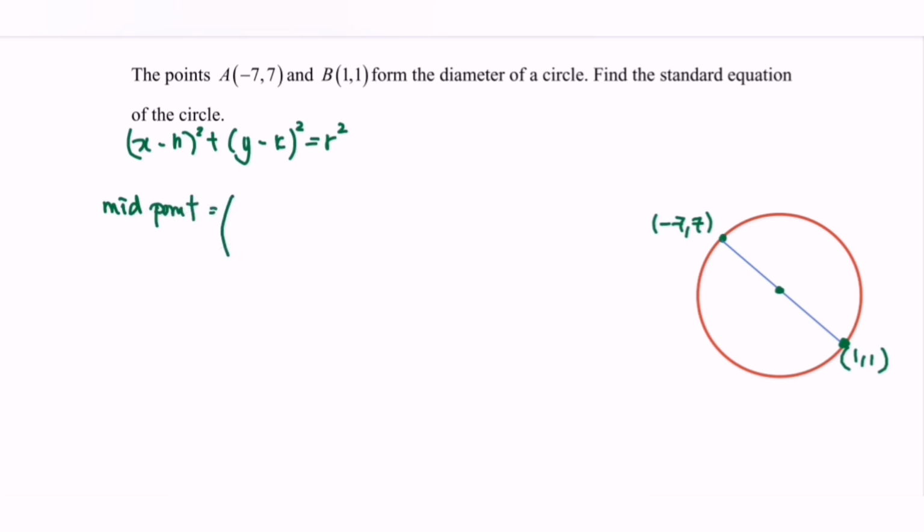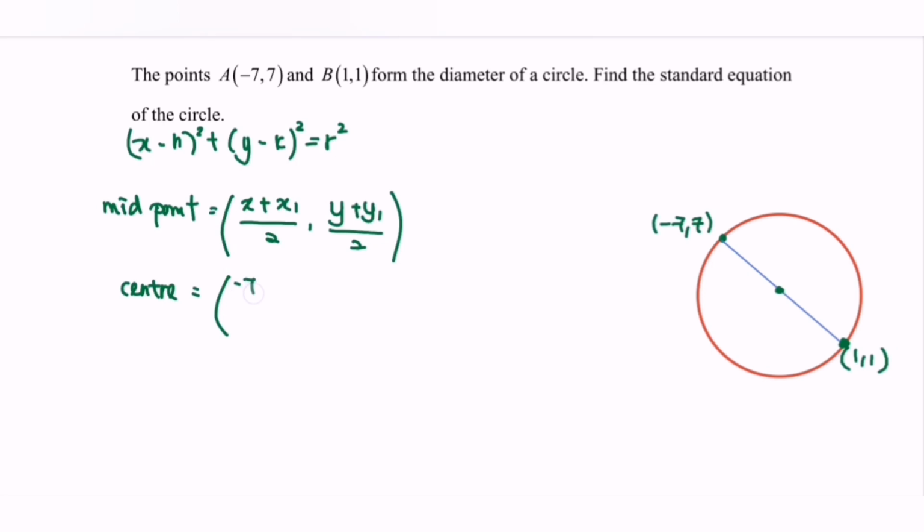So the formula for the midpoint will be (x1 plus x2) over 2, (y1 plus y2) over 2. As we can see, we have the points at the ends of the diameter, or the straight line, which are -7, 7 and 1, 1. So in here, the midpoint actually is the center.